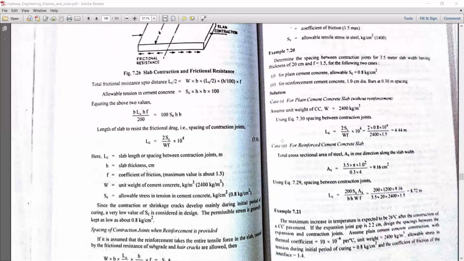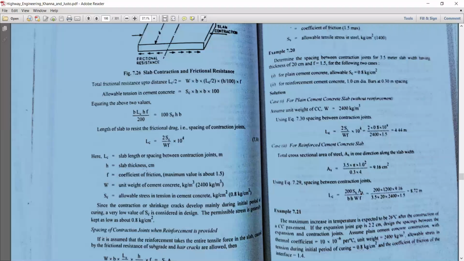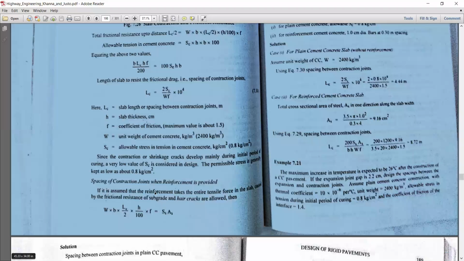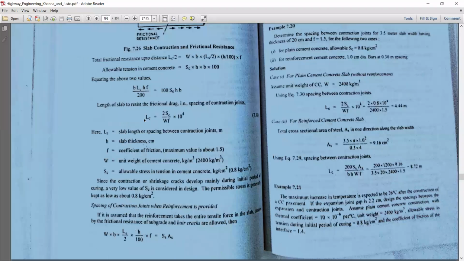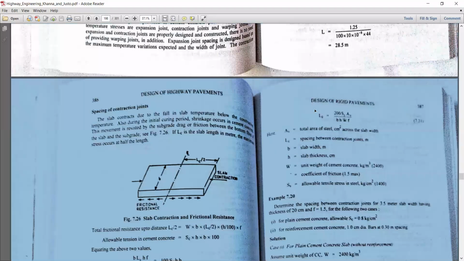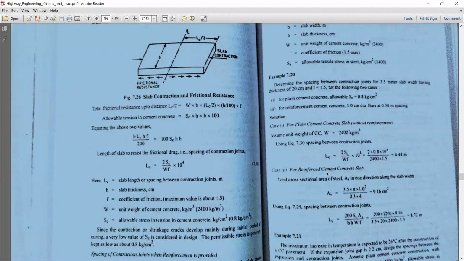Now, by using this formula, LC is equal to 200 S into AS upon BHWF. This equation is taken from here: LC is equal to 200 S A divided by BHWF. The first equation is for plain cement concrete, and the second equation is for reinforced cement concrete, to calculate the spacing of contraction joints.